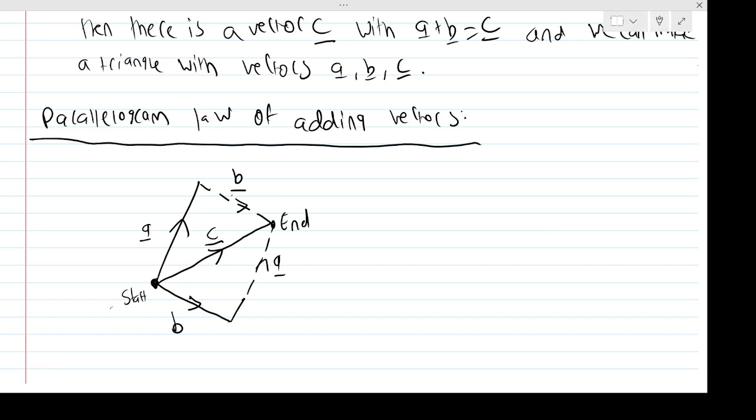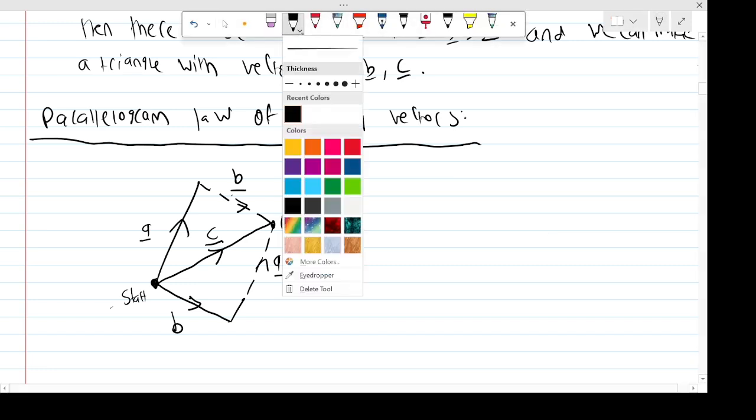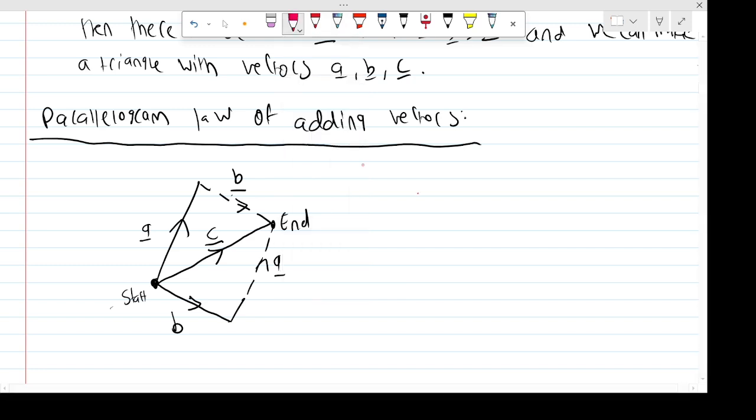If I do it in red, actually, I don't have red. Okay, let's do pink. So to get to C, the diagonal, I can alternatively start here, go along A, and then go along this B, and we end there.